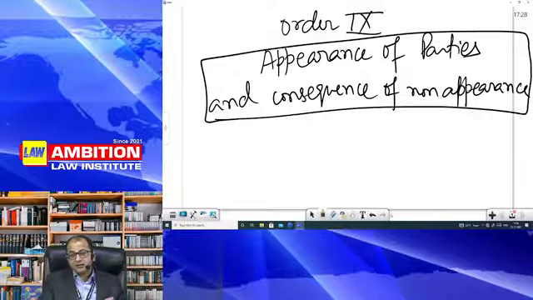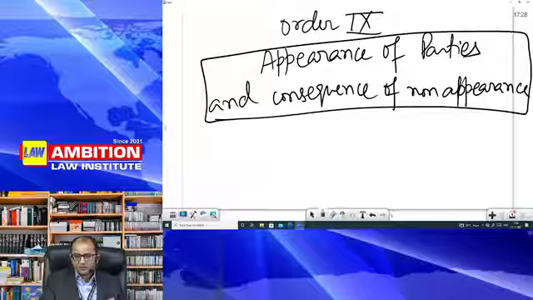Then we discussed another very important point: for determination of the real question in controversy, we may be required to amend the pleading. So Order 6 Rule 17 can be invoked to amend the pleading, that is the plaint for the plaintiff and the written statement for the defendant.